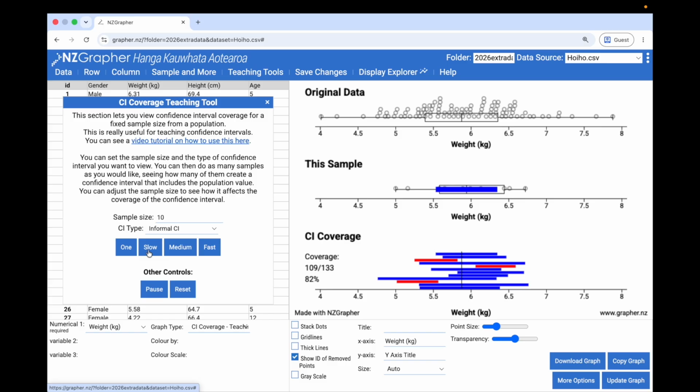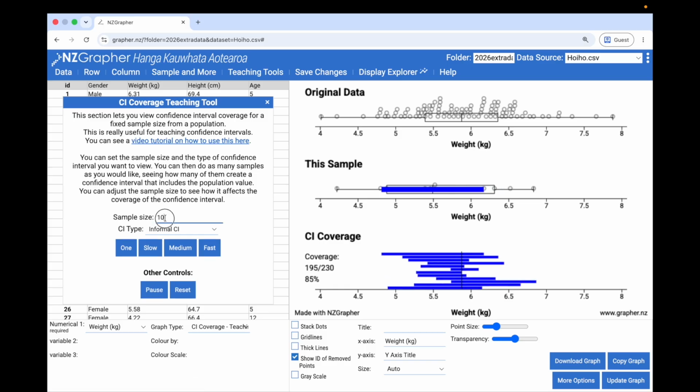Over a long period of time, when we take a whole bunch of samples at sample size 10, we're not super great, we should be ending up at about 90%. We're obviously a little bit lower than that in this one, but sample size 10 is not necessarily a great thing to do either. But we can also see what happens as we increase our sample size.